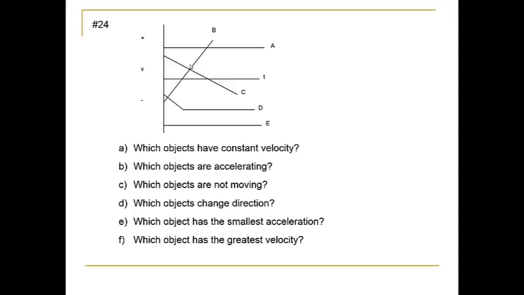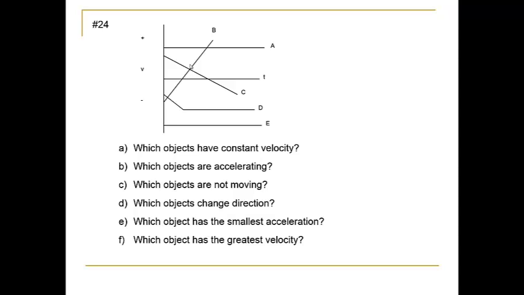Okay, so if you're looking for which ones have a constant velocity, again, you're looking for which ones are going to have a straight horizontal line. So your constant velocities are going to be A and E. Okay, A is going to have a constant positive velocity, E is going to have a constant negative velocity. Which objects are accelerating?